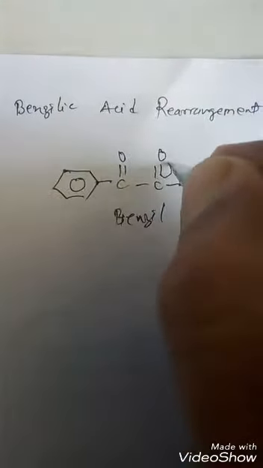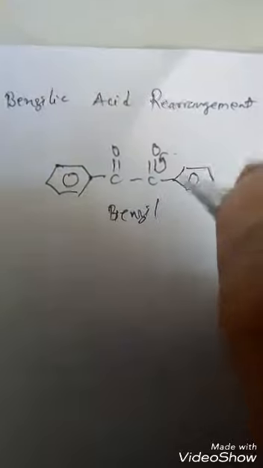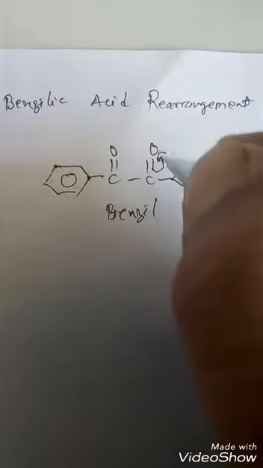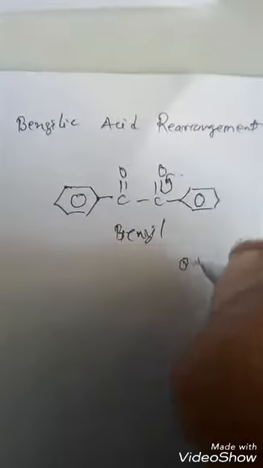So the first step of this rearrangement: this is the structure of benzil, and as we know, this is a polar bond. It is possible that the electron is pulled toward oxygen when the OH- having negative charge is there.